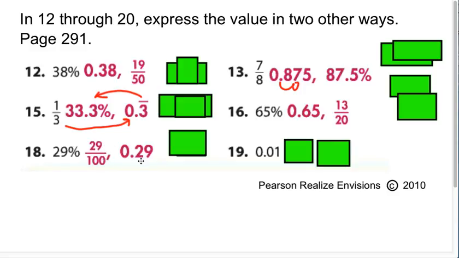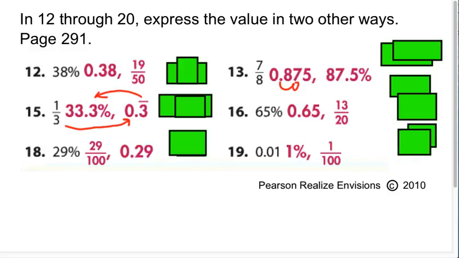And so all we have to do is think of it as 29 hundredths, just like that. Okay? And then our last one is kind of interesting. We have 1 hundredth, and if we write that as a percent, that would be 1%, and as a fraction, it would be 1 hundredth. All right?